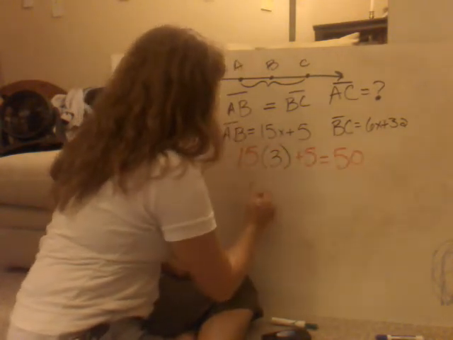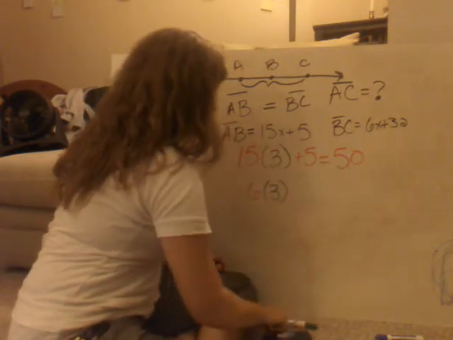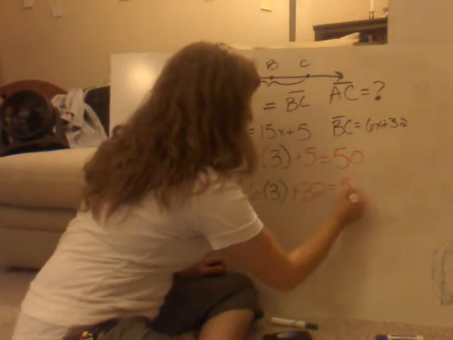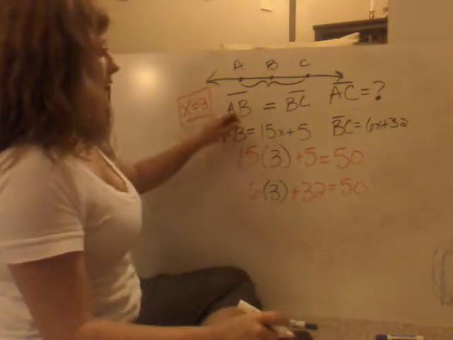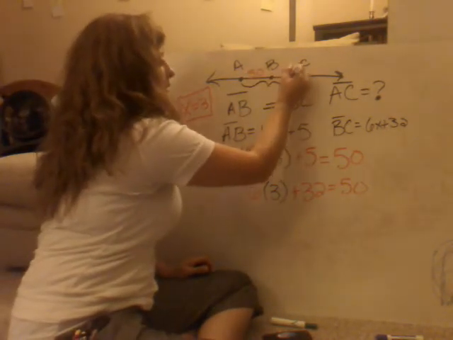And I'll have 6 times 3 plus 32 is equal to 50. So now I know that AB is equal to 50 and BC is equal to 50.